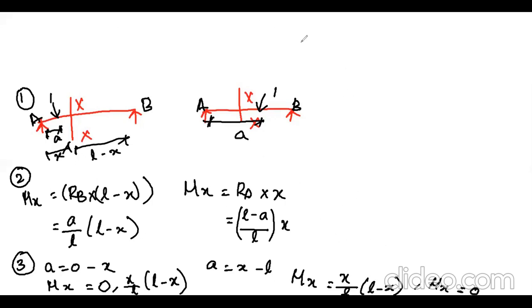So next, we are going to draw the influence line diagram for bending moment using these values. Here also 0, here also 0. At the point I am considering as the section, that is x, the value of the influence line ordinate is x by L into L minus x.